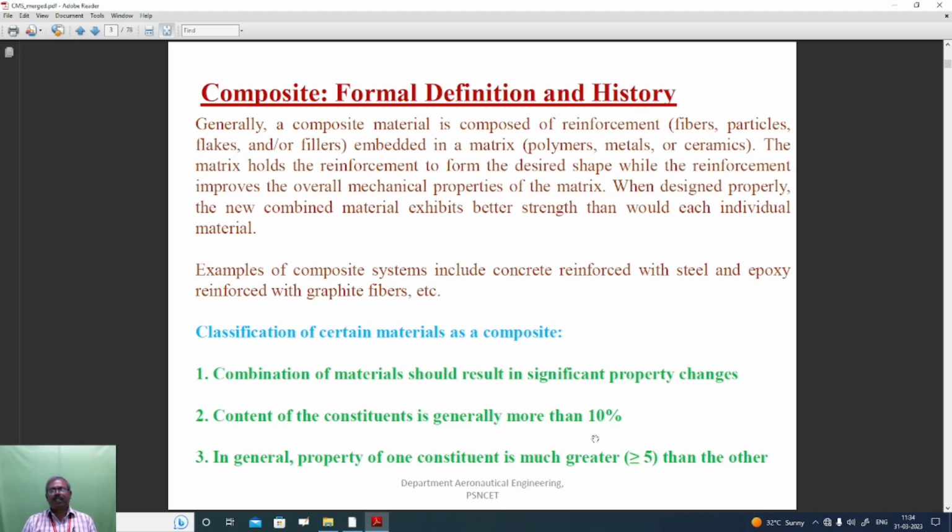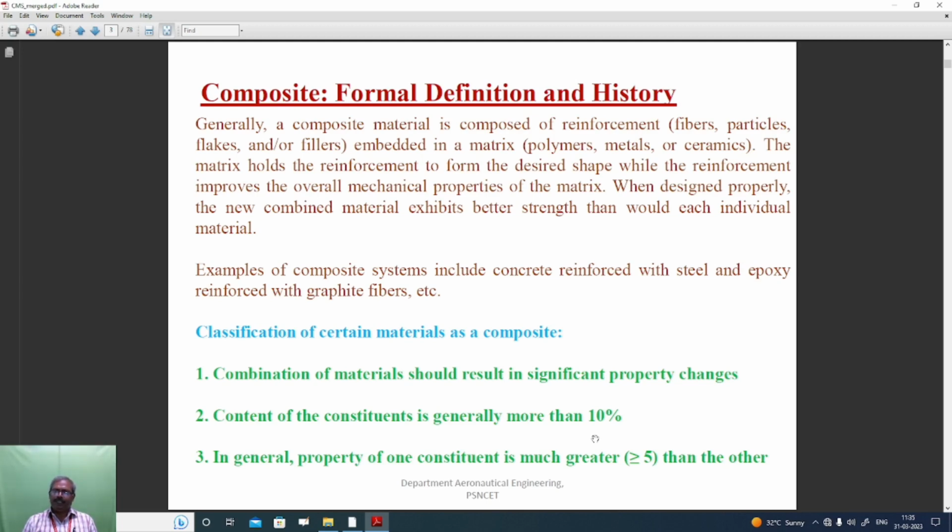Generally, a composite material is composed of reinforcement, that is fibers, particles, flakes, and/or fillers. They are embedded in a matrix like polymers, metals, or ceramics. The matrix holds the reinforcement to form the desired shape, while the reinforcement improves the overall mechanical properties of the matrix.